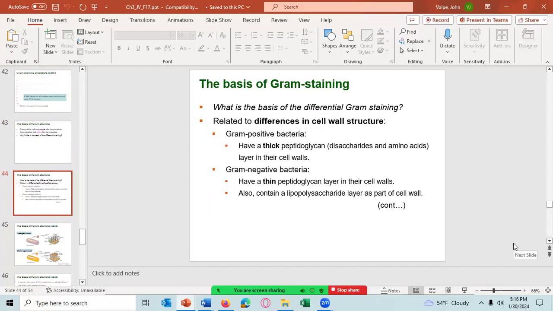The gram-positive bacteria have thick peptidoglycan in their cell wall. The gram-negative have a thinner peptidoglycan layer in their cell walls. The gram-negative cells also have a lipopolysaccharide layer outside the peptidoglycan. It's called the outer layer of the cell wall, or the outer membrane of the cell wall.